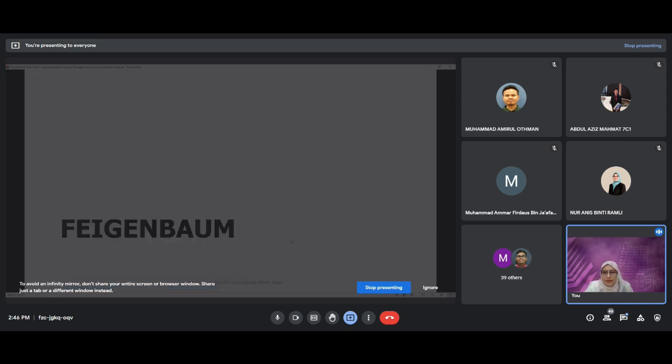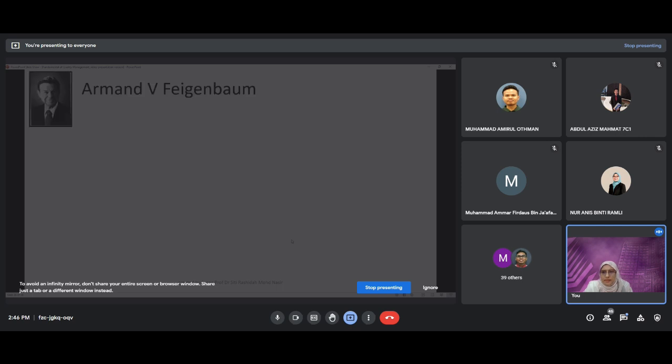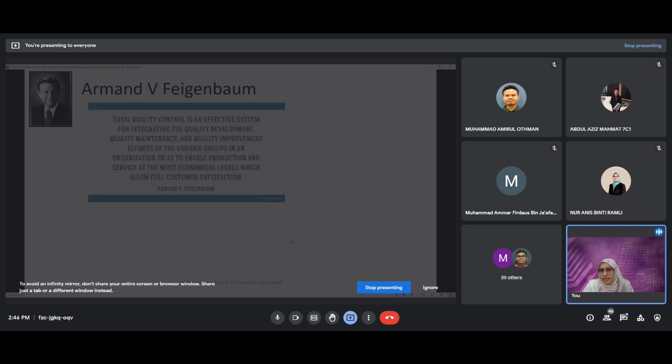And the next one is Feigenbaum. Armand Feigenbaum mentioned that total quality control is an effective system for integrating quality development, quality maintenance, and quality improvement efforts of the various groups in the organization so as to enable production and service at the most economical level, which allows full customer satisfaction.